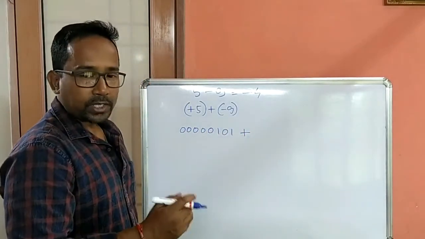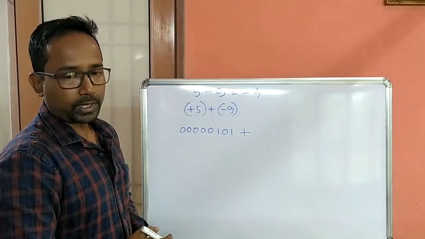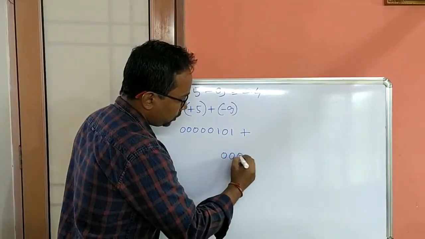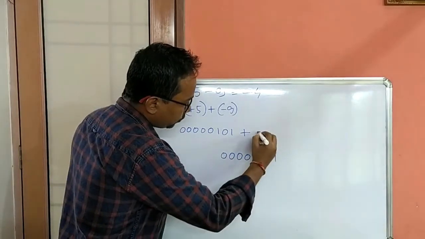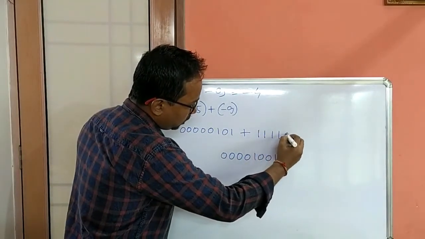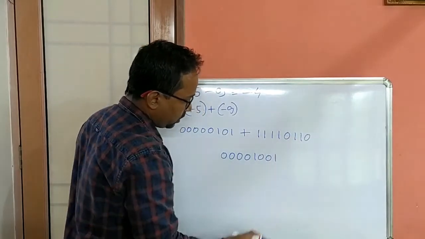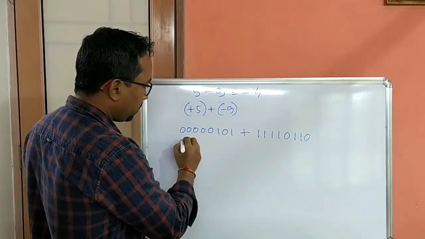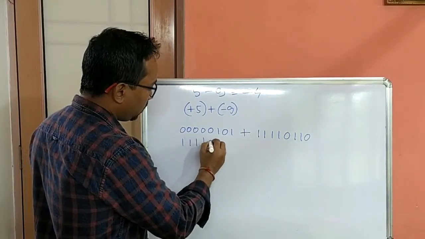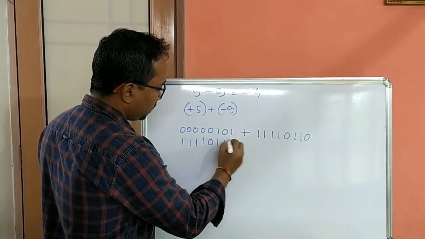Minus 9 means the ones complement of 9's binary equivalent, which is 00001001. So its ones complement is 11110110. Now their sum. So I am writing this here, 11110110.